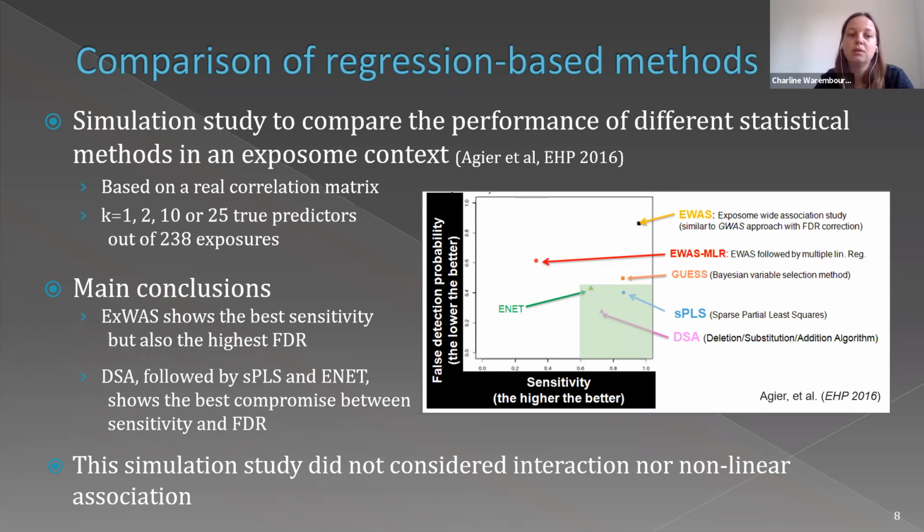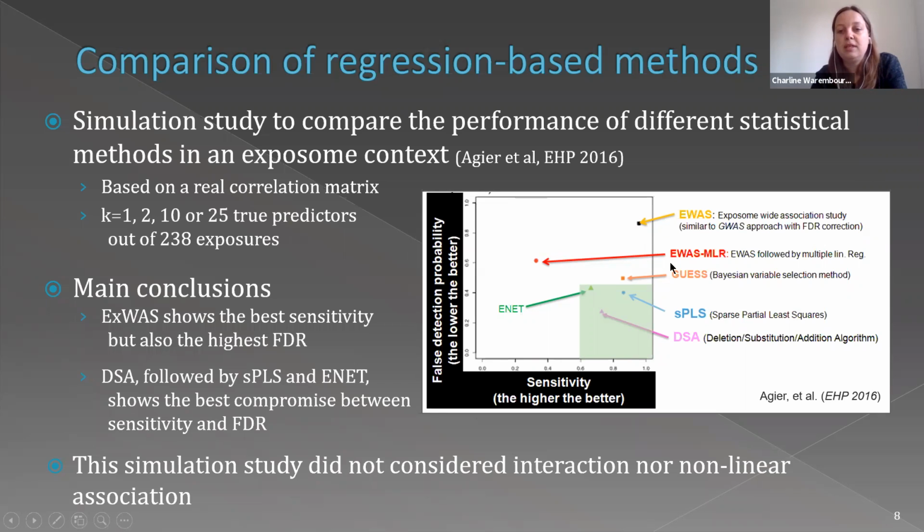And the main conclusion of this simulation study is that the ExWAS analysis shows very good sensitivity to detect the true association between exposure and the health outcome, but also a very high false discovery rate.